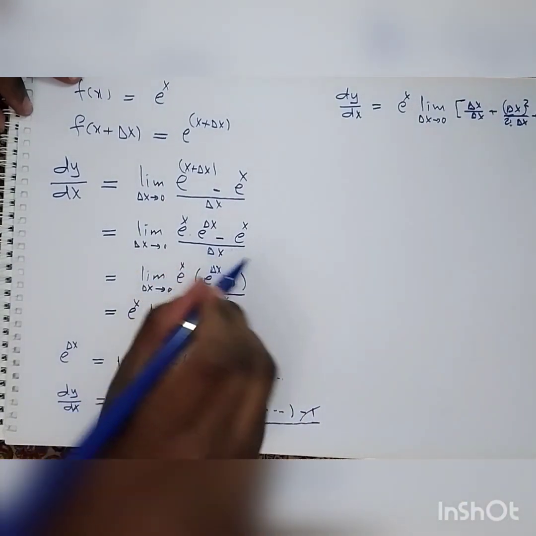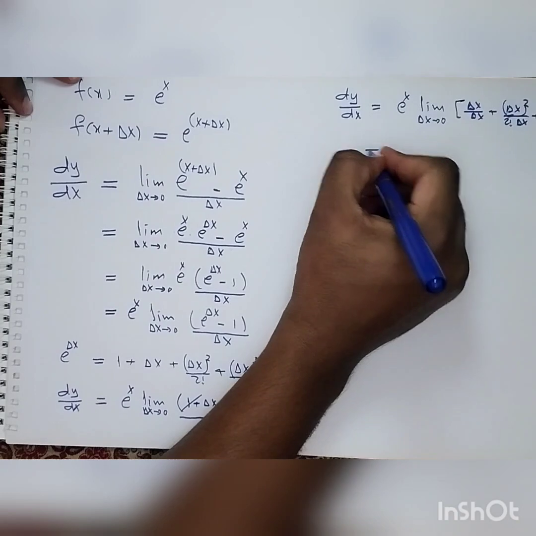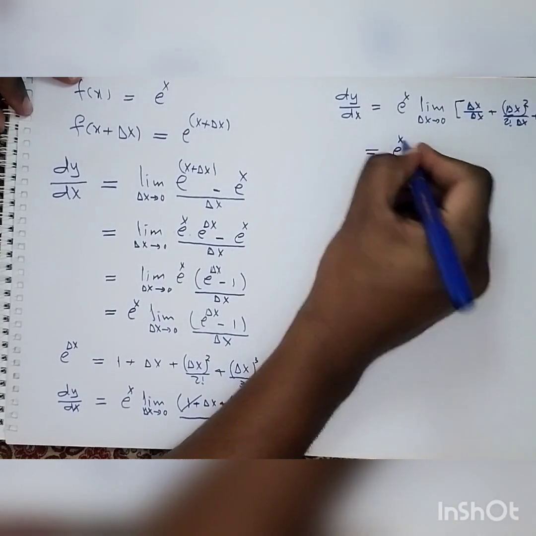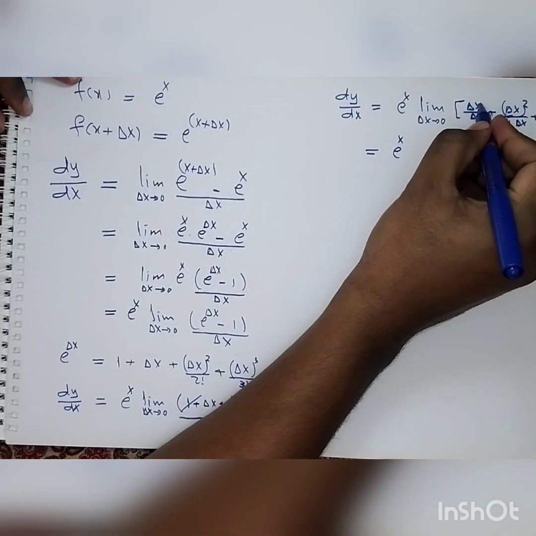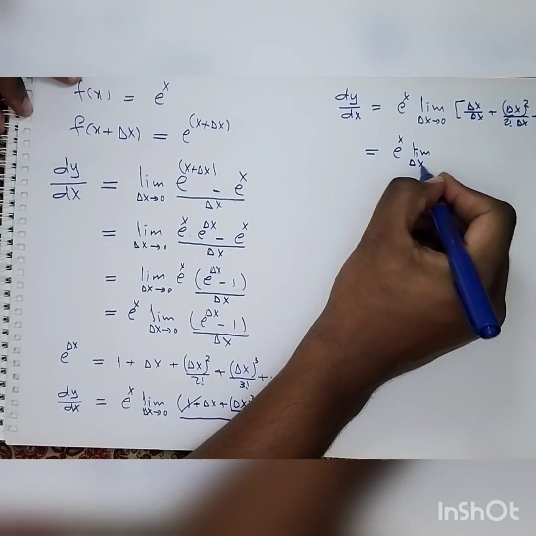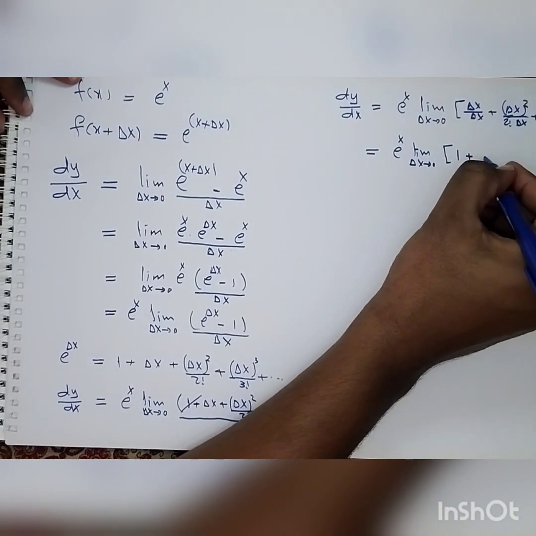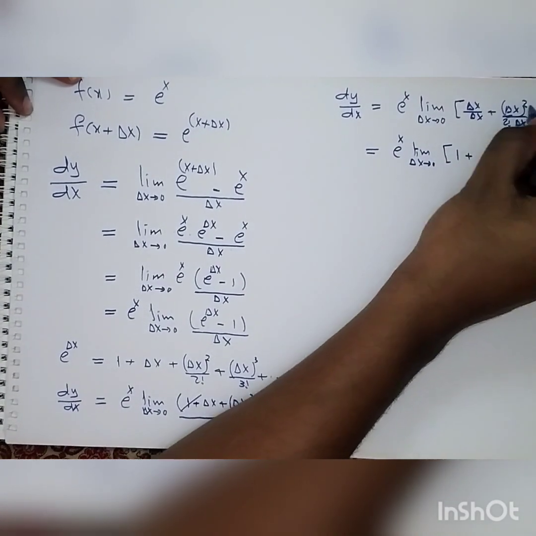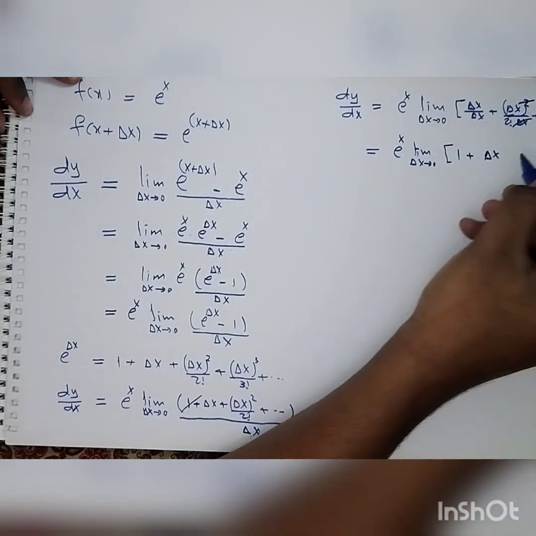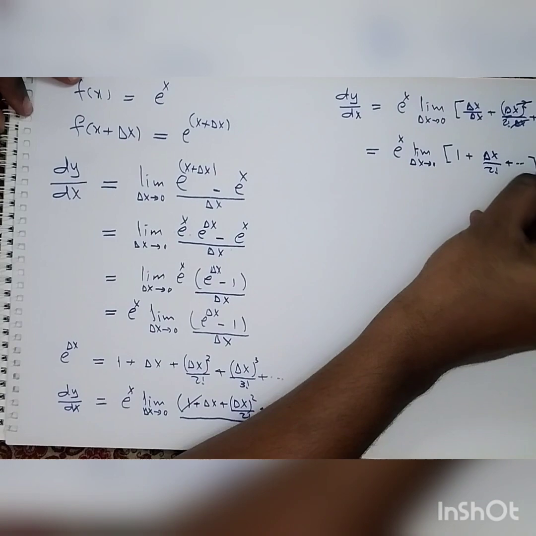Note that that will be equal to e to the power x times the limit as delta x approaches 0 of 1 plus delta x, because the squared would go with delta x, divided by factorial 2 plus some other terms here.